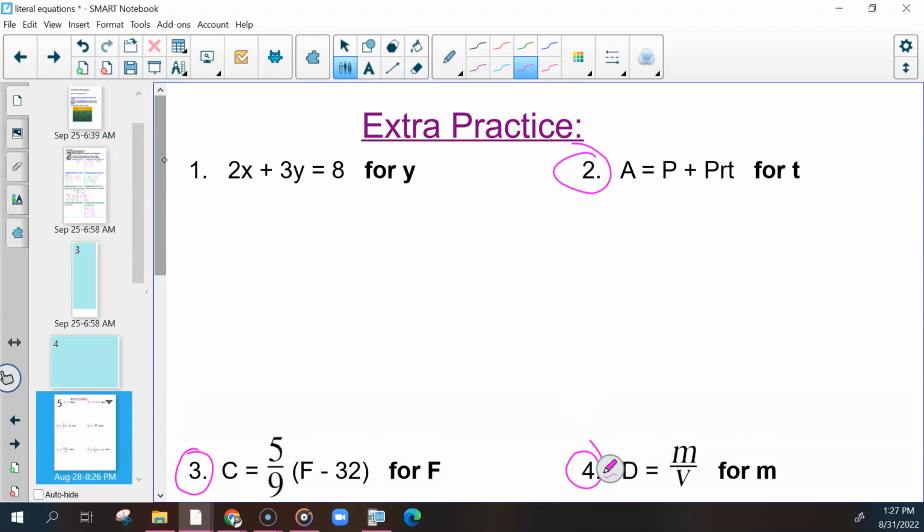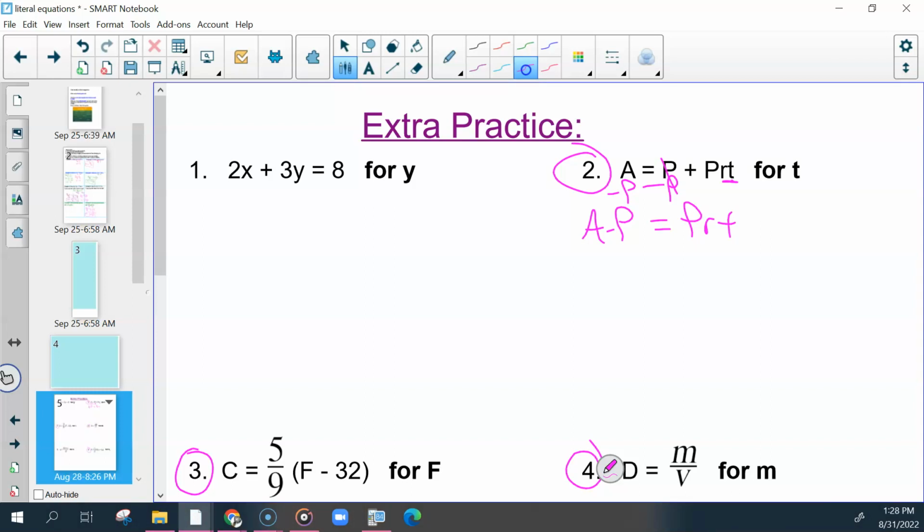So we're going to start with 2, and we've got to get t by itself. What are we thinking would be our first step? Minus P. Which one? The left P. So get rid of this p because it's by itself. We have A minus P equals PRT.